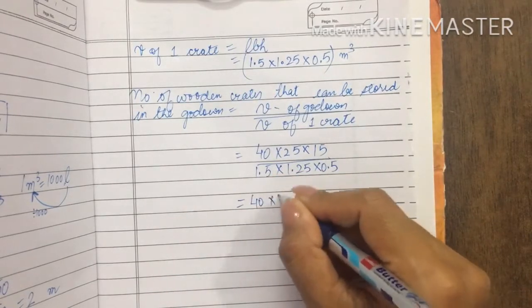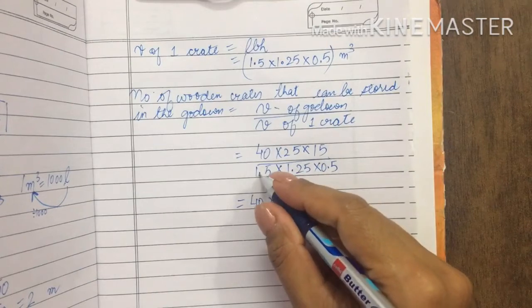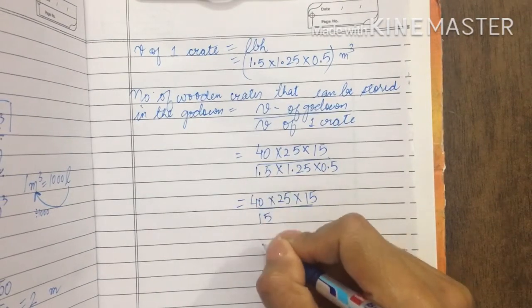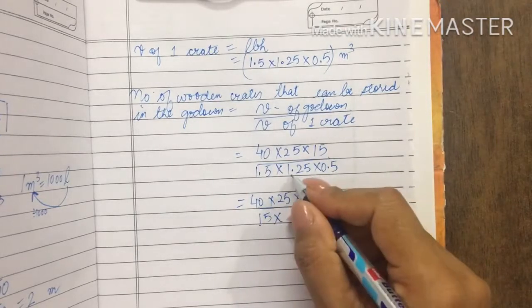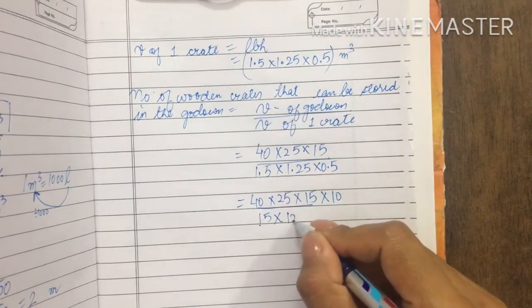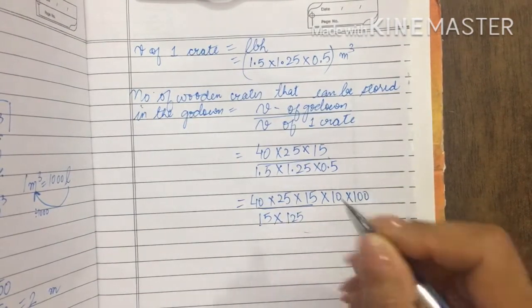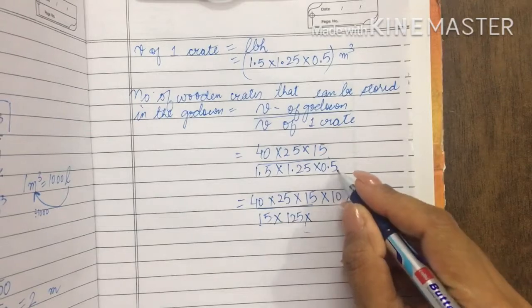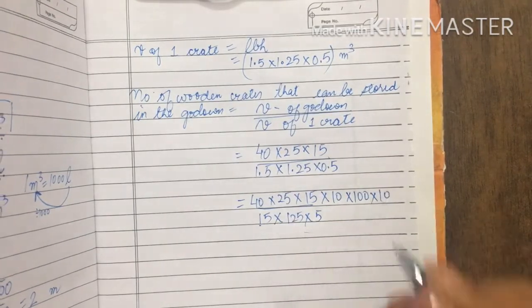Let us first change these decimal numbers into fractions. So this decimal will be removed. This will be 15 by 10. So 10 actually appears in the numerator. 1.25 will become 125 by 100. The 100 from its denominator will again appear in the numerator. Into 0.5 will be 5 by 10. So 5 by 10 goes in the numerator.